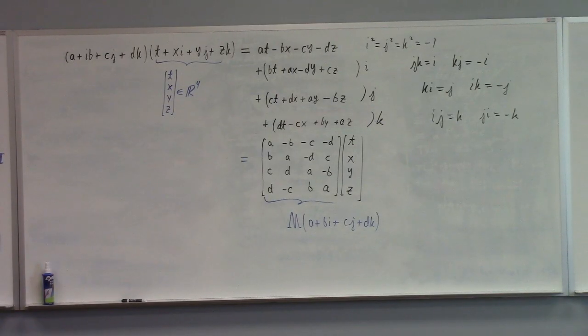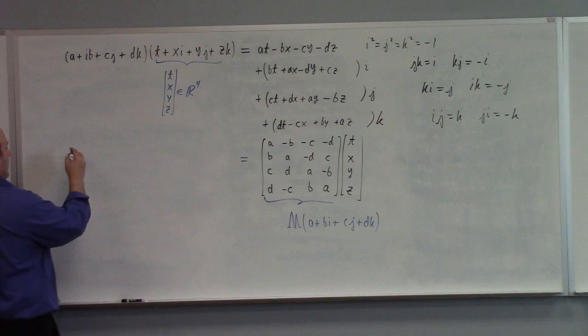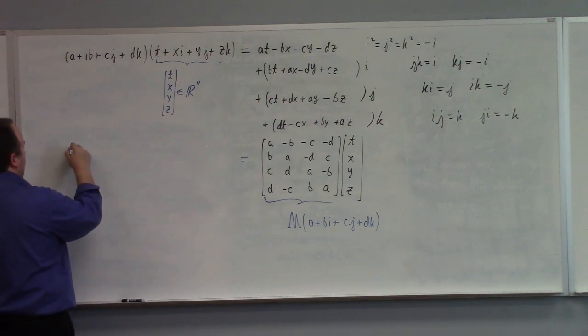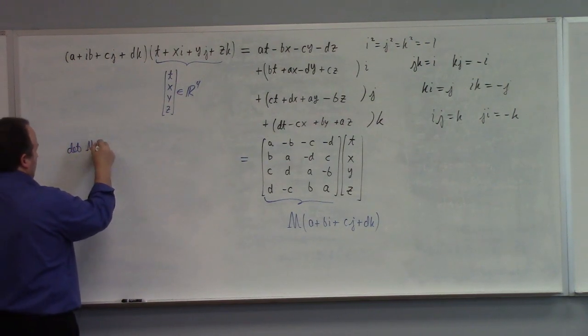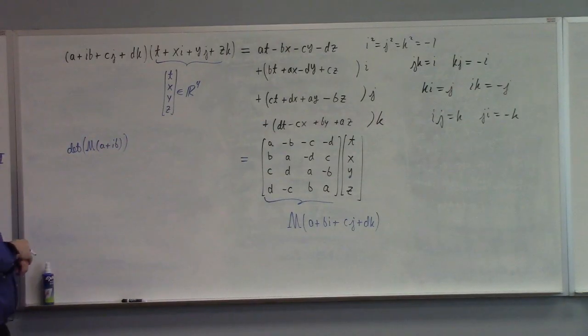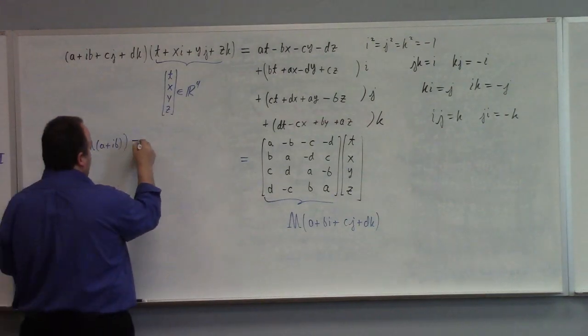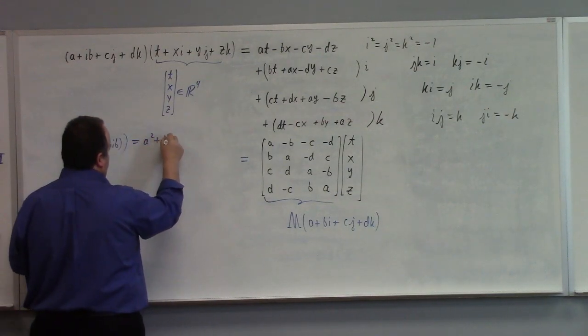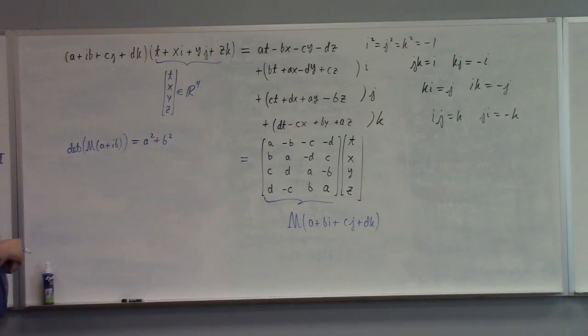And there are all kinds of nice secrets hidden in this matrix about quaternions. Like in my first example, you notice that we had the determinant of the matrix of A plus IB. What was it? Remember, it was A squared plus B squared. We saw that in the formula for the inverse over here. That's the length of the complex number squared.